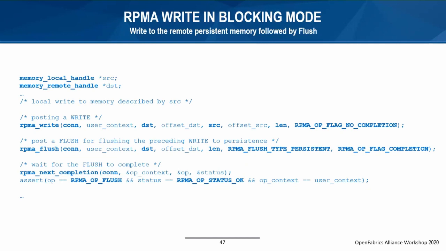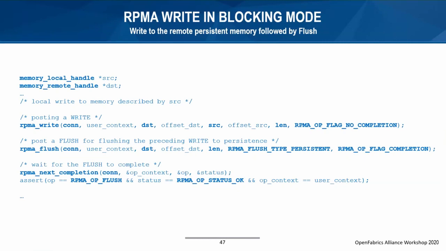Then there's the so-called memory handle, destination and source, offsets and size, and then this completion flag. In this case, we do not expect that our library would produce any feedback to the application that the write operation has finished. But it is completely different if we move further to this flush operation.